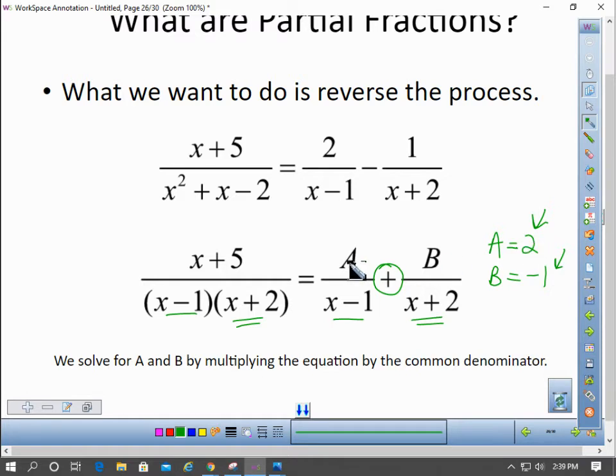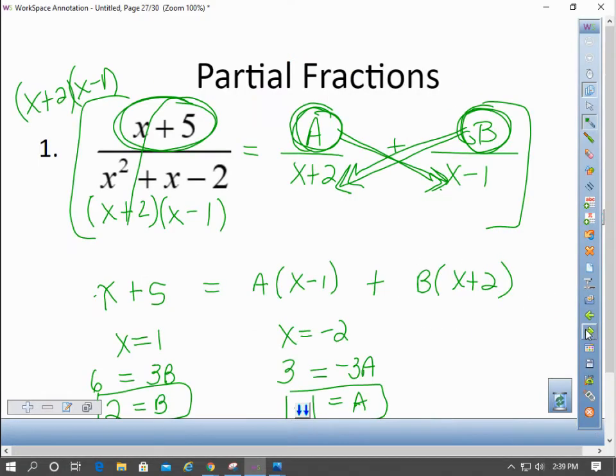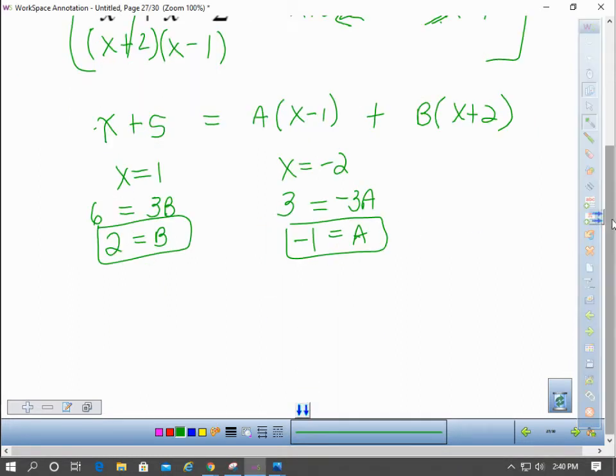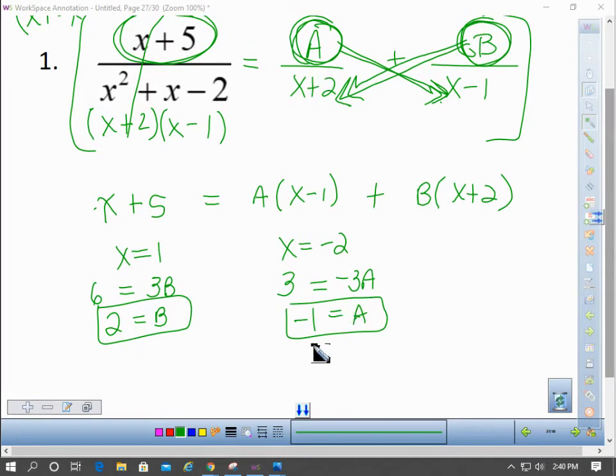Notice the 2 answer is above the x minus 1, and the -1 answer is above the x plus 2. So that should be the same thing over here. My 2 answer is above my x minus 1, and my -1 answer is above my x plus 2. So what does that mean the answer is? That means my answer is -1 over x plus 2 plus the B value, which was 2 over x minus 1.